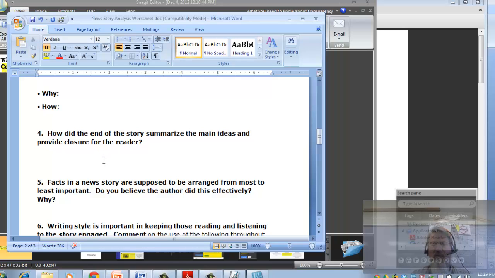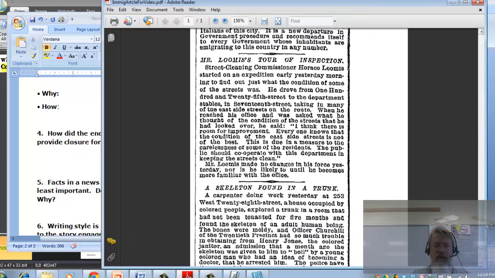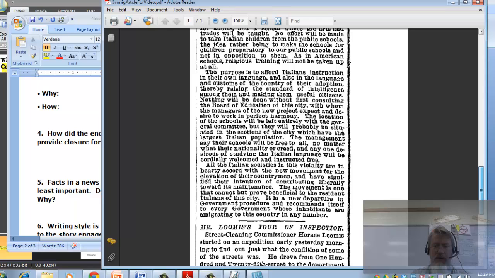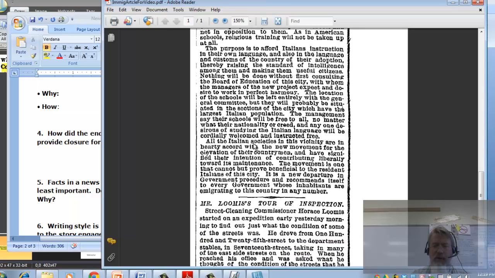Then we get down to number 4. How did the end of the story summarize the main ideas and provide closure to the reader? Well, let's go all the way down to the bottom of the story. And it says, all the Italian societies in the vicinity are in hearty accord, they agree, with the new movement for the elevation of their countrymen, and have signified their intention of contributing liberally, a lot, toward its maintenance.